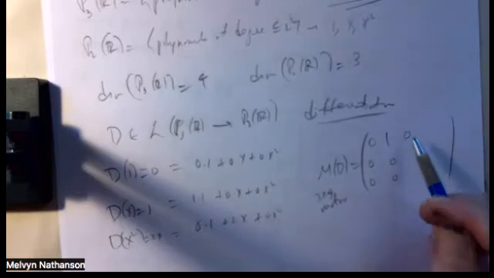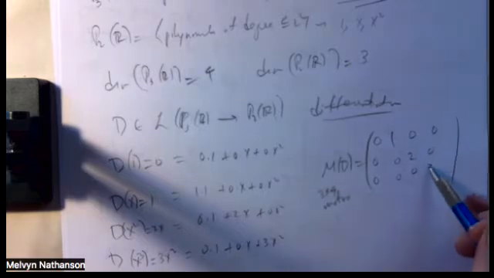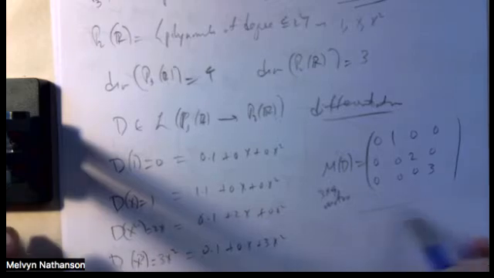So the third column is 0, 2, 0. The derivative of x cubed is 3x squared, which is 0 times 1, 0 times x, 3 times x squared. So the fourth column has coordinates 0, 0, 3. So this is the matrix for the differentiation operator.